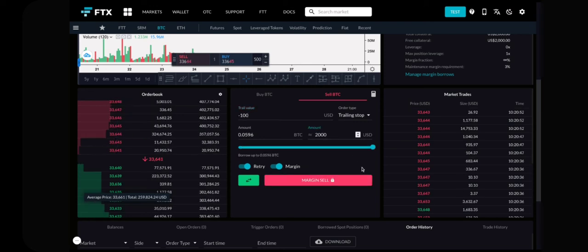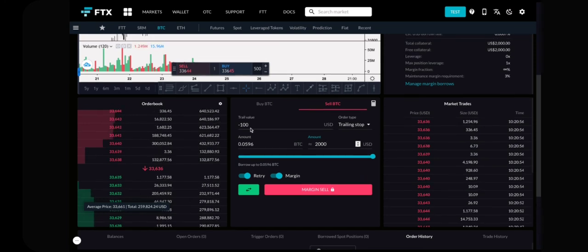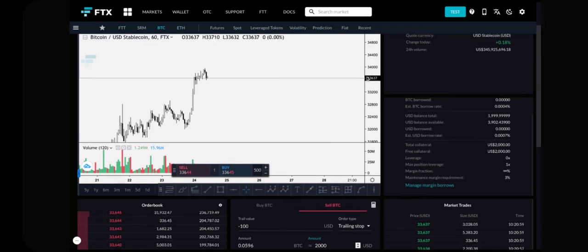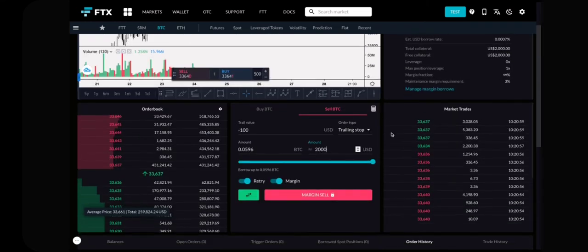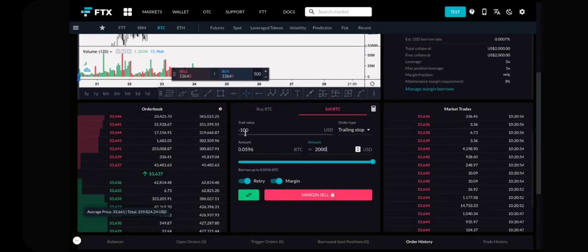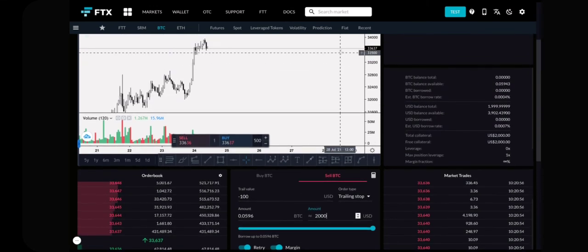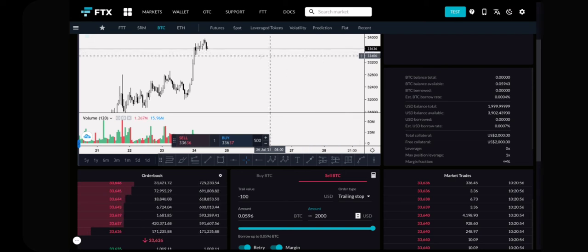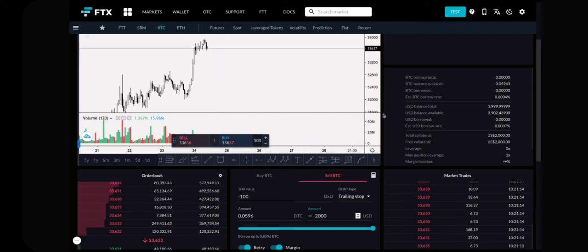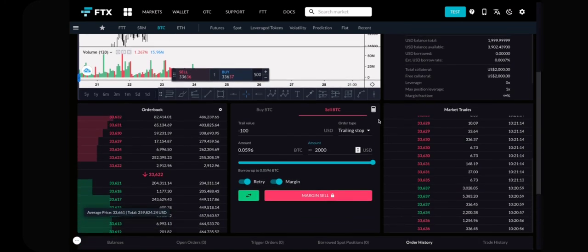Then that means if you had placed this order and we're at 33,636, it's going to automatically calculate $100 off that. So 33,536. And it's going to place your trailing stop loss there, which means if price then hits that level, it's going to sell your Bitcoin. If price goes up, then it's going to recalculate that trailing value every time the price makes a new high.